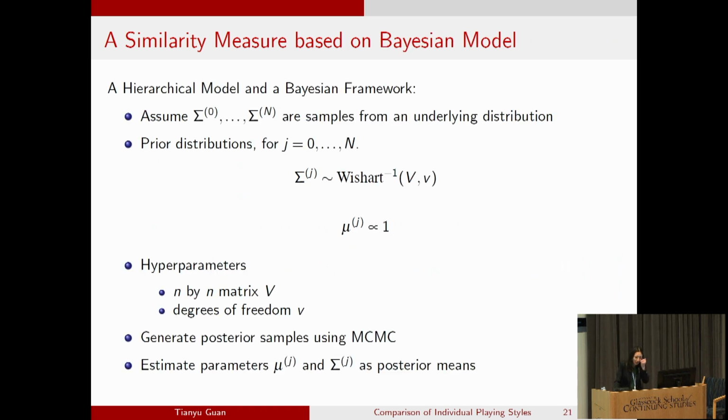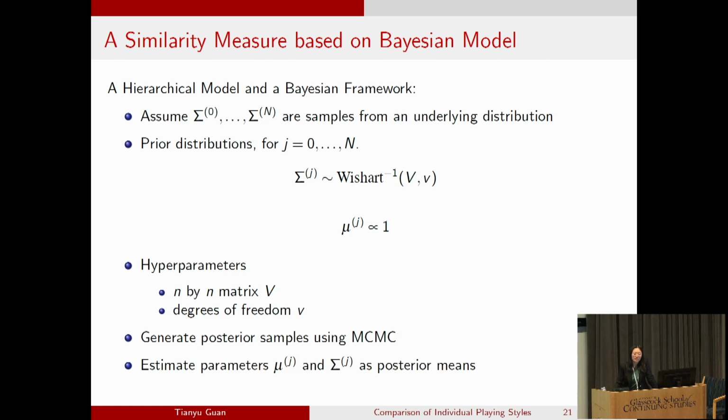Like I mentioned, with the conventional method it's really hard to obtain relatively accurate estimators for the parameters. So we propose a hierarchical model and use a Bayesian framework to solve the problem. The basic idea is that we assume these covariance matrices come from an underlying distribution, and we set some prior distributions for μ and Σ.